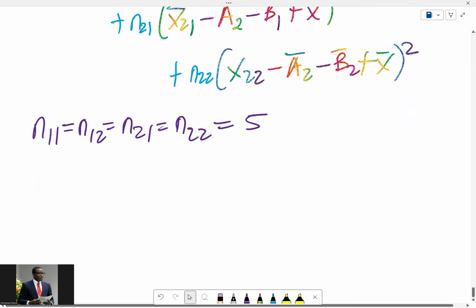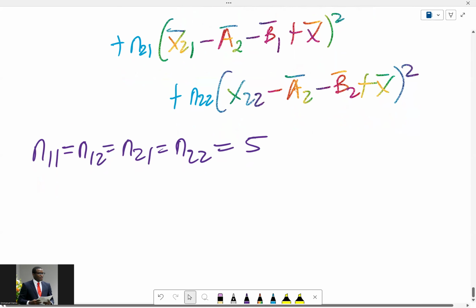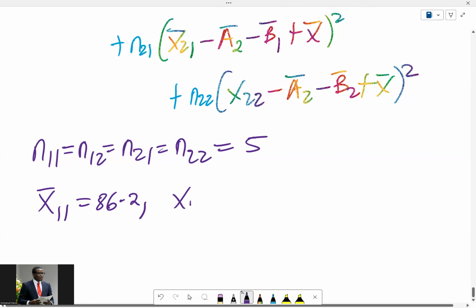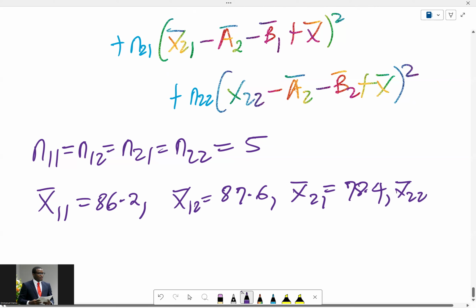Then the next thing is we need x11 bar. That's 86.2, what we got at first. x12 bar is 87.6. x21 bar is 78.4. x22 bar is equal to 84.6.